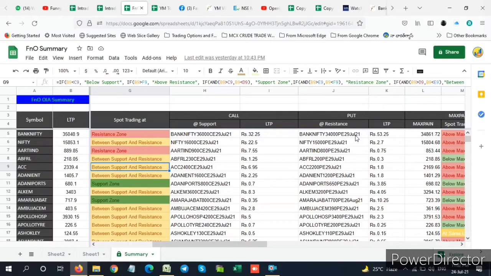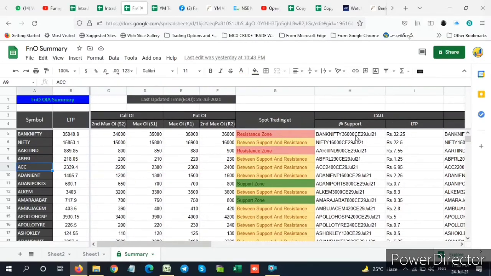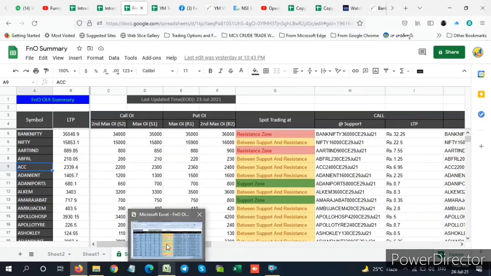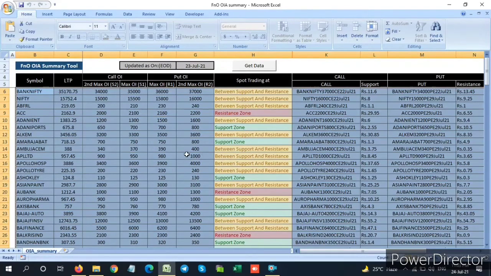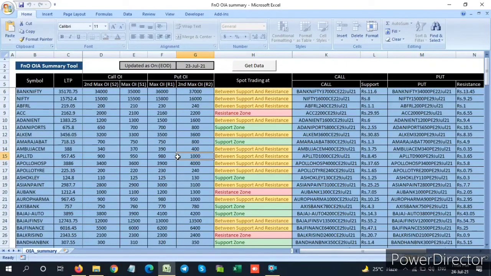So this is our EOD based summary for all F&O stocks at one place. And here it is the same tool in Excel. So just if we click get data at the EOD, sometimes 8 o'clock, some 9 o'clock, or some 10 o'clock, like that. Yeah, now it is updated 23rd July.